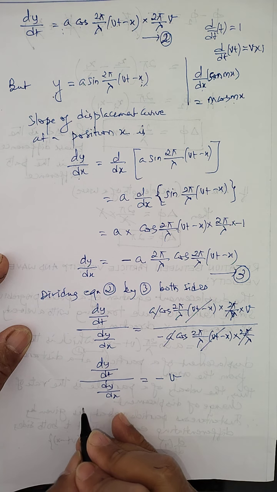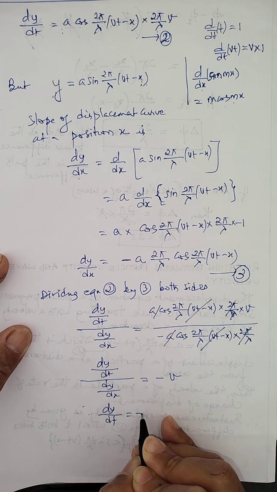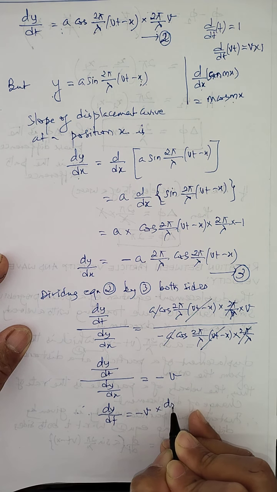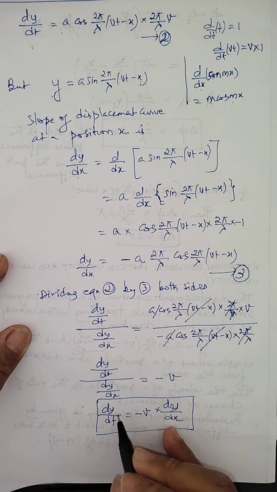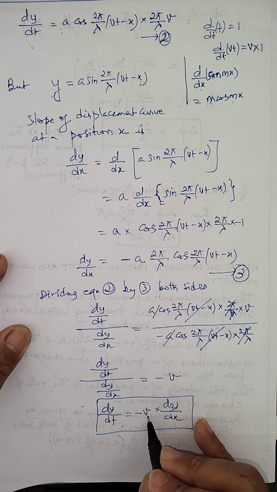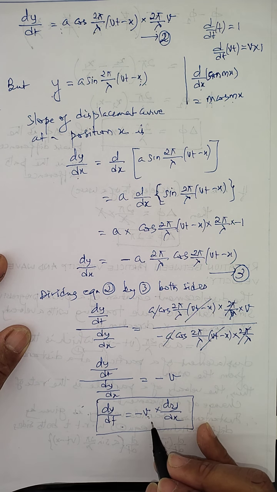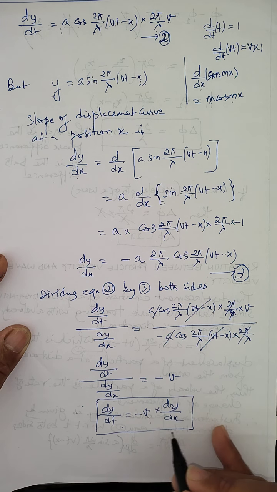Now we just cross multiply. If I cross multiply, it will be dy by dt equals minus b into dy by dx. This dy by dt is actually the particle velocity, and this b, as you have already learned, is the wave velocity. So the particle velocity equals minus wave velocity into the slope of the displacement curve.